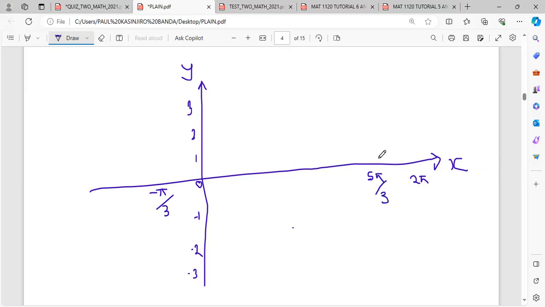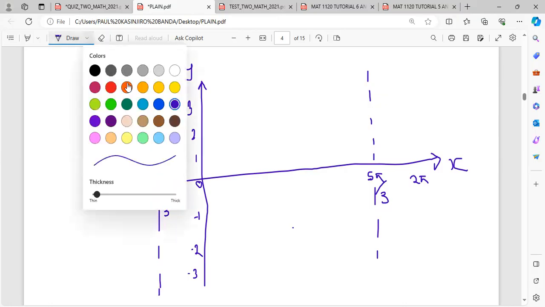So our graph will just start here, all the way up to here. It means that's where our graph will be. Then let's get a different color to plot the graph.